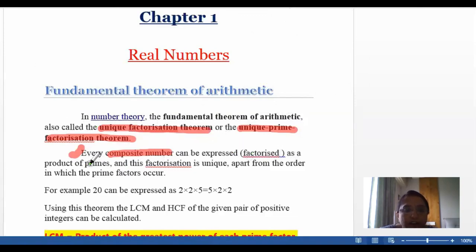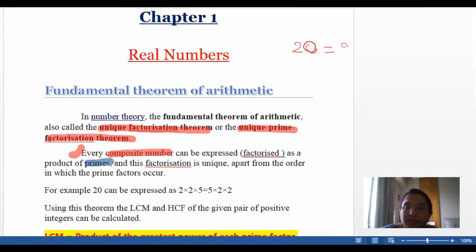a product of primes. First, let us complete this statement. Every composite number. I'll take one composite number, 20, which can be expressed as a product of primes. So I'll take the factors of 20.